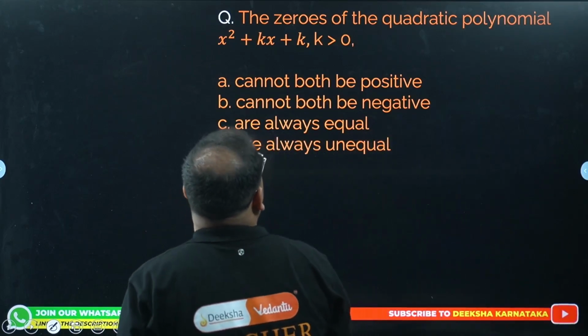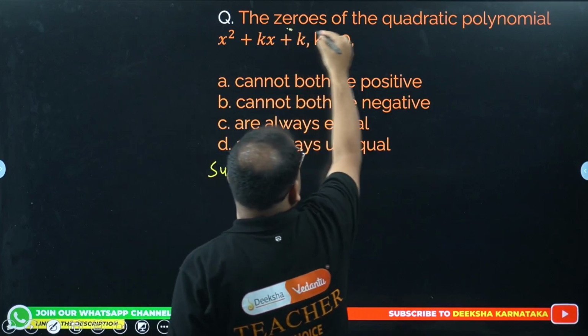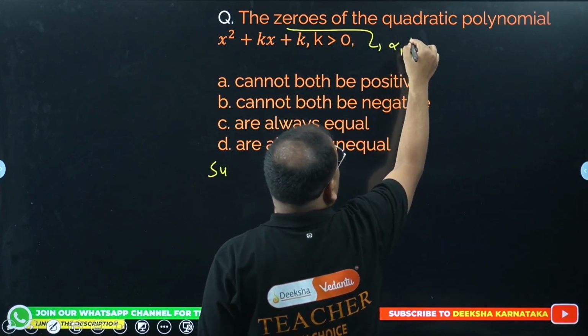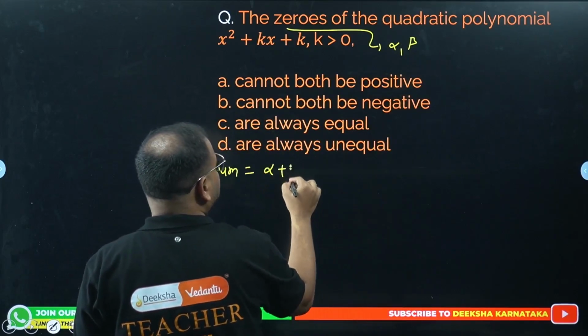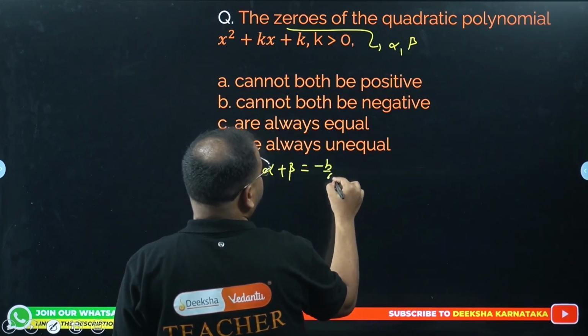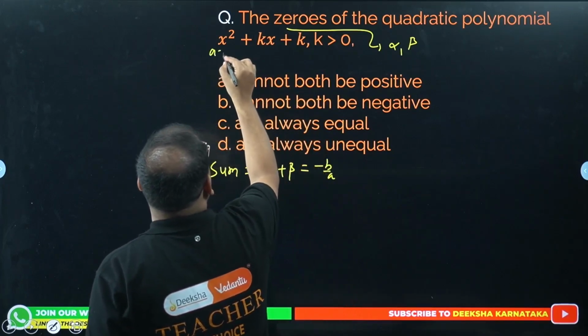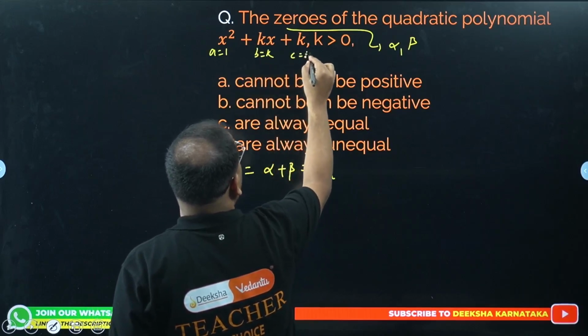Let's check. What is the sum over here? If the zeros are, let's call them alpha and beta, then what is the sum going to be? Alpha plus beta equals minus b by a. Sir, what is b? Write it down: a is 1, b is k, and c is also k.